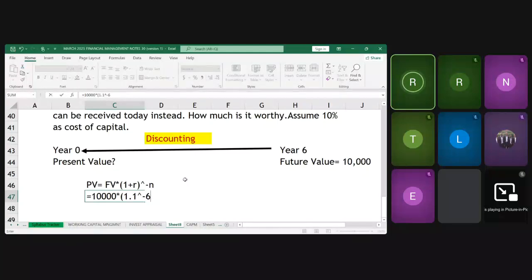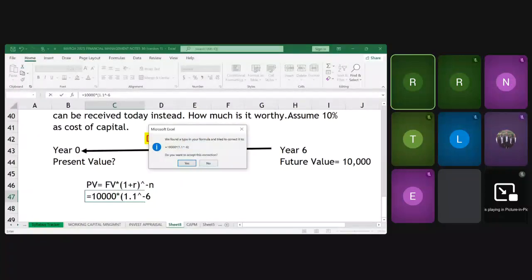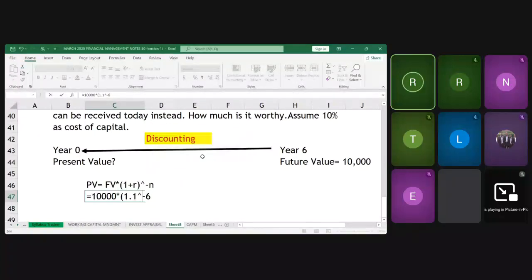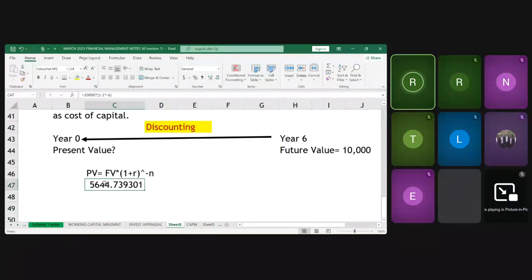If you want to raise to a negative number using your calculator, there is a button with a plus and a minus. That's the one that you use. But if you are using your laptop, power is shift 6, and then you can type -6 manually. So if I am to receive that money today, the person can give me 5,644.74.